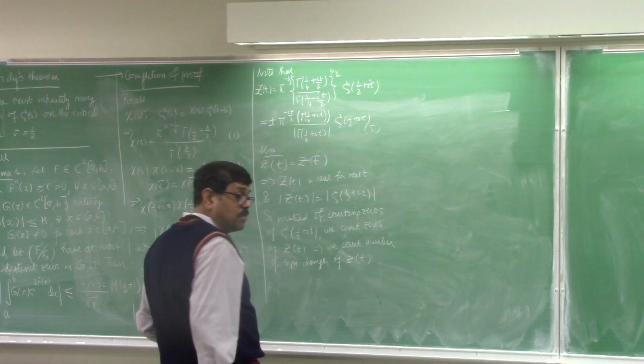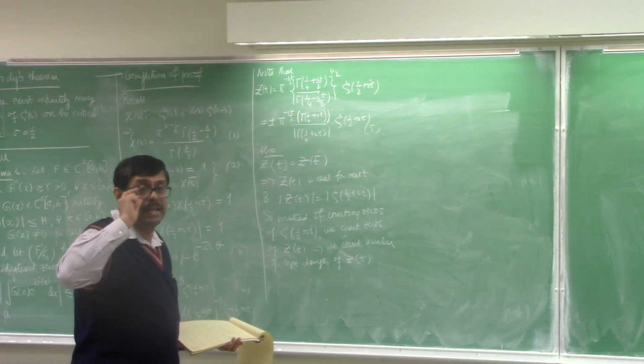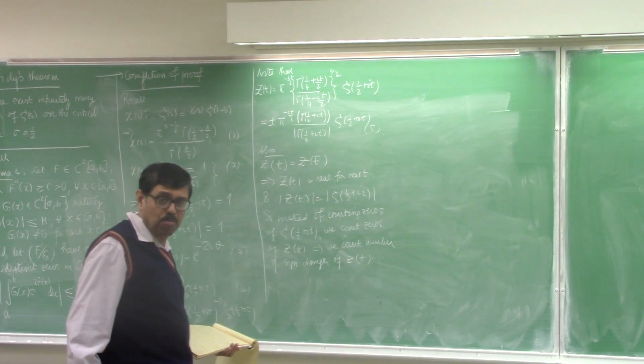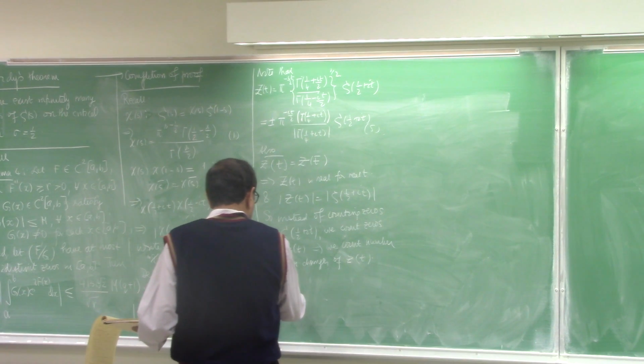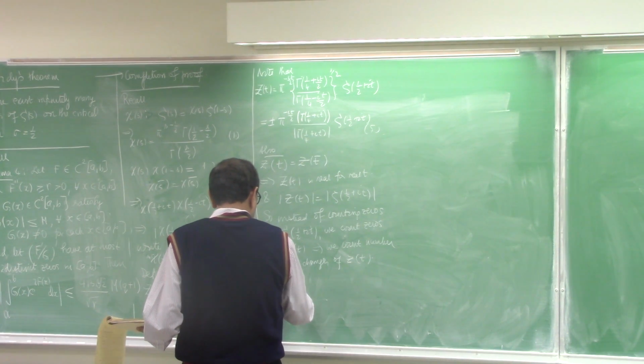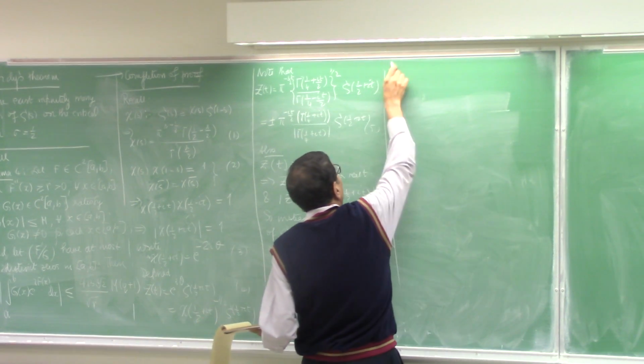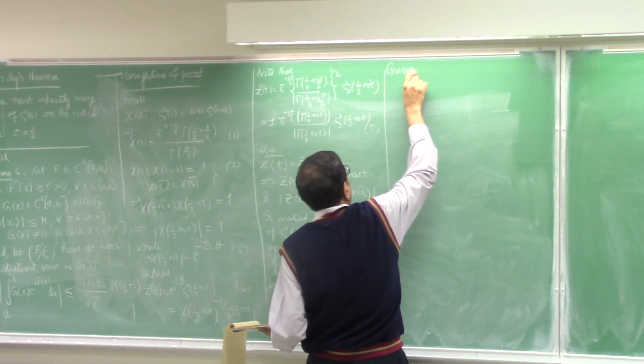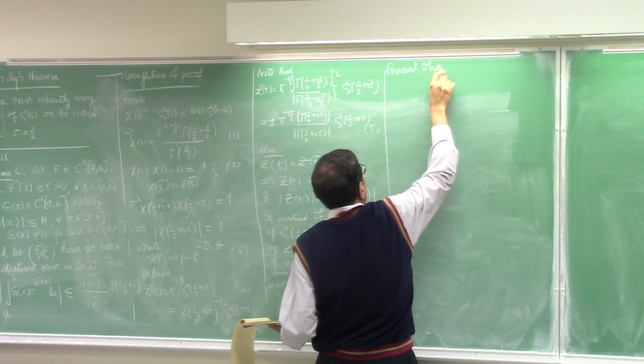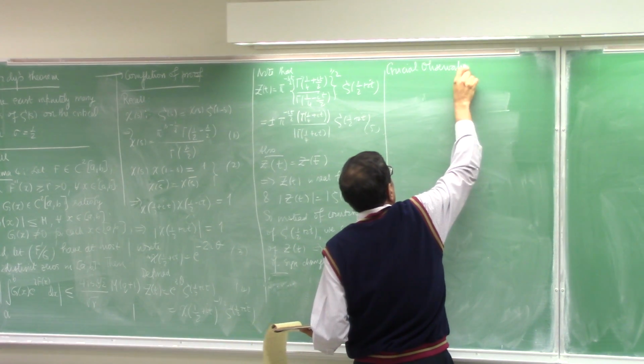So now the important observation is, if Z(t) has only a finite number of zeros, so this is a crucial observation. So we're going to put it here. And this is going to be the crux of our proof with all estimates today.